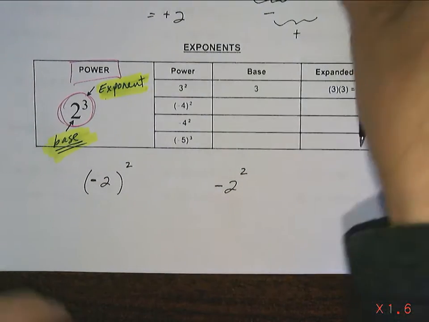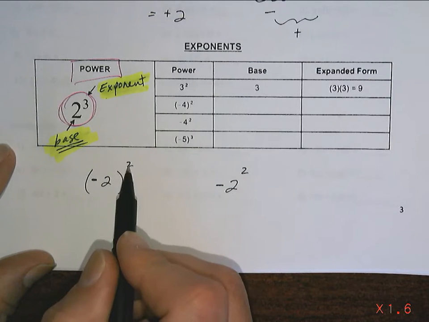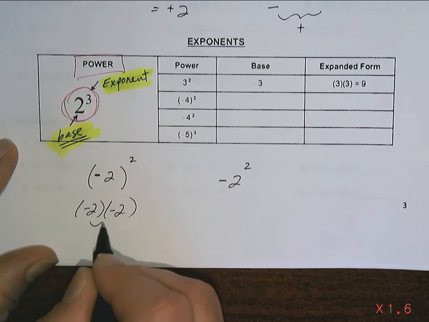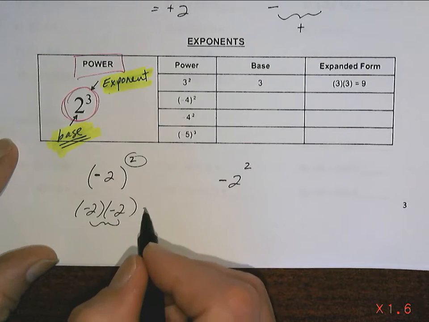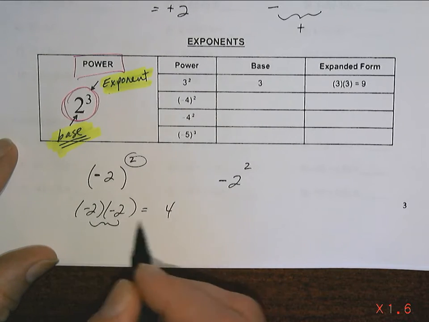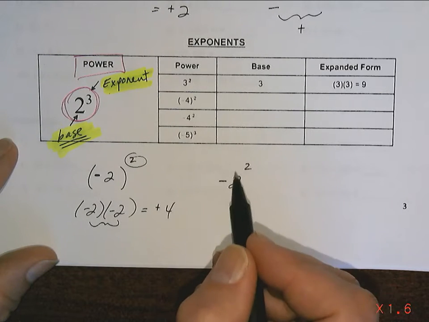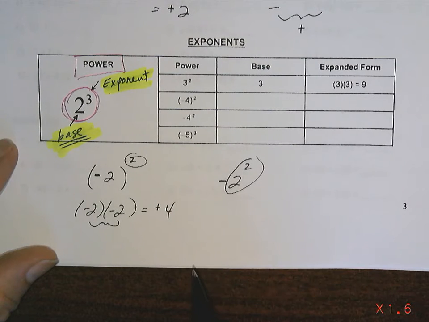So, this base is -2, which means with the squared, it means -2 times -2, so that there are 2 of them. 2 times 2 is 4. Negative times negative is positive. This is very different. The base is just the 2, not the negative.